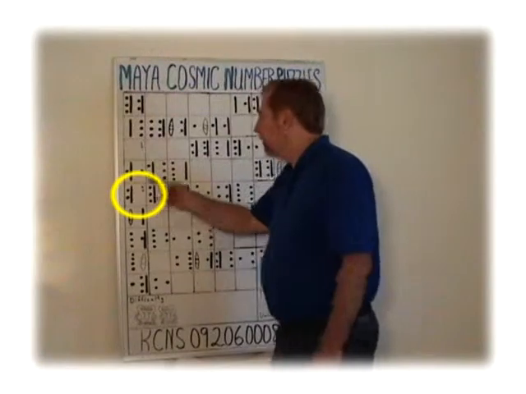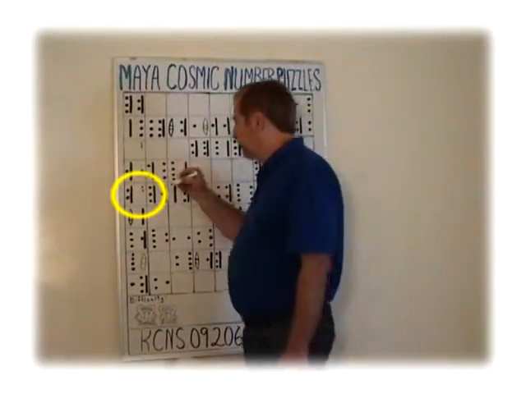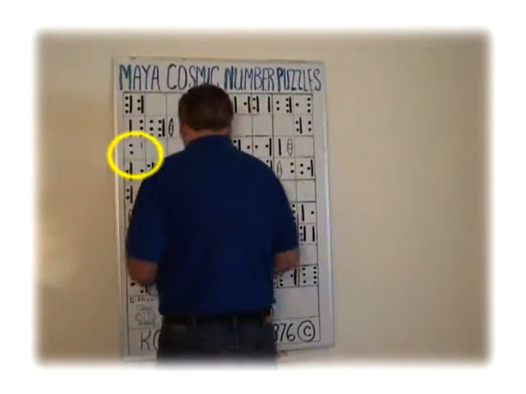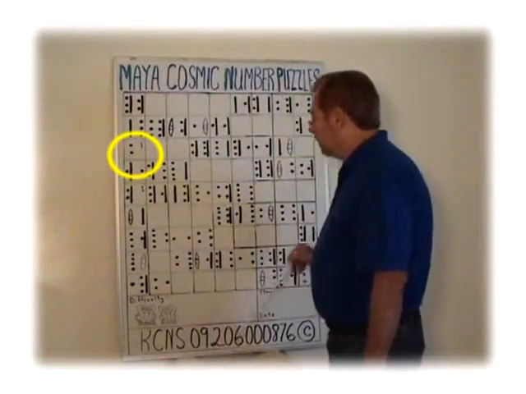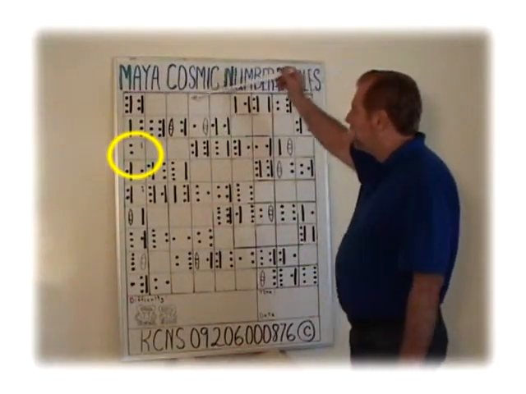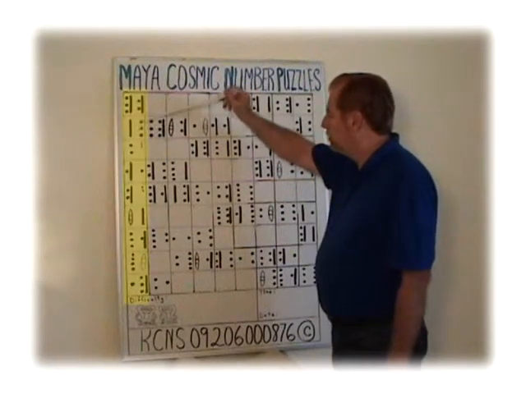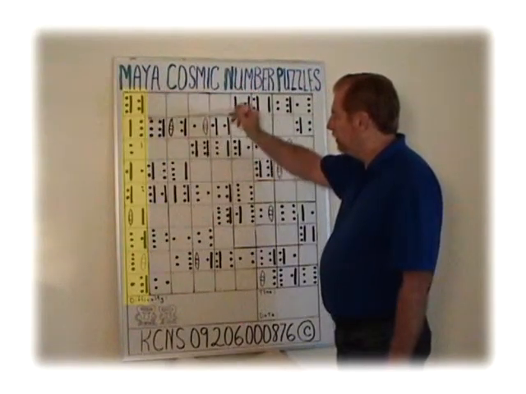If the 7 goes here, that means only the 2 can go in this position. Then we look around to solve for, again, the right side of this column.